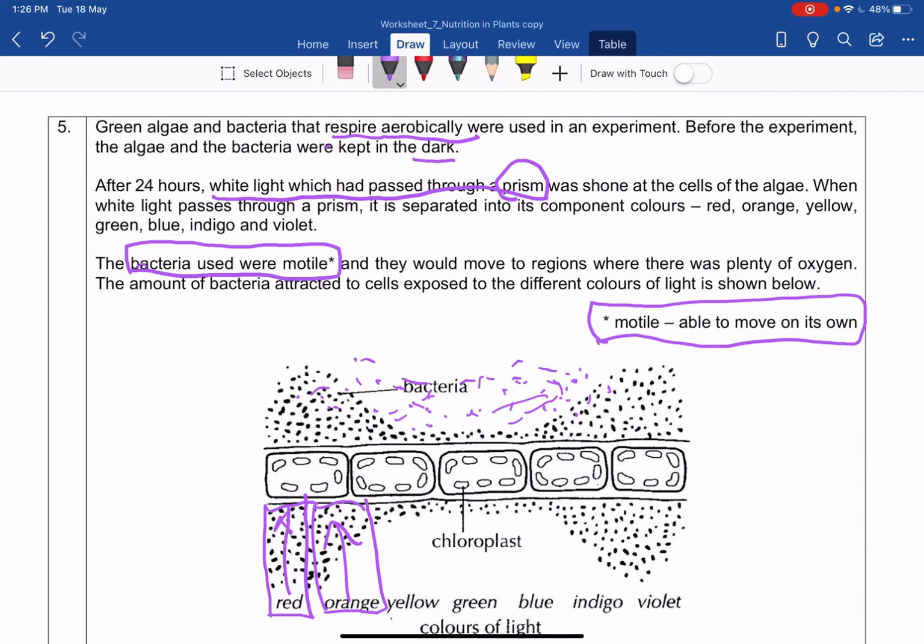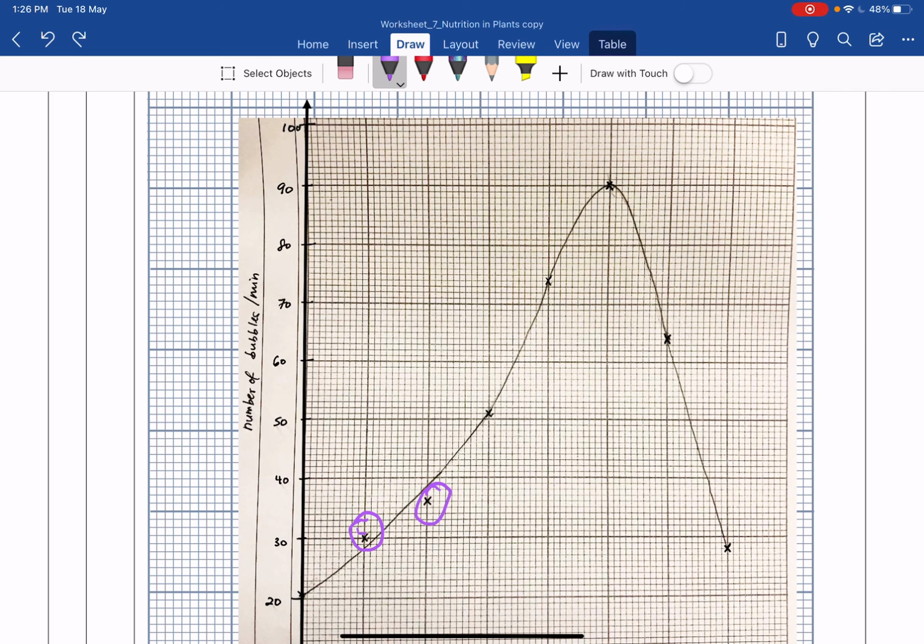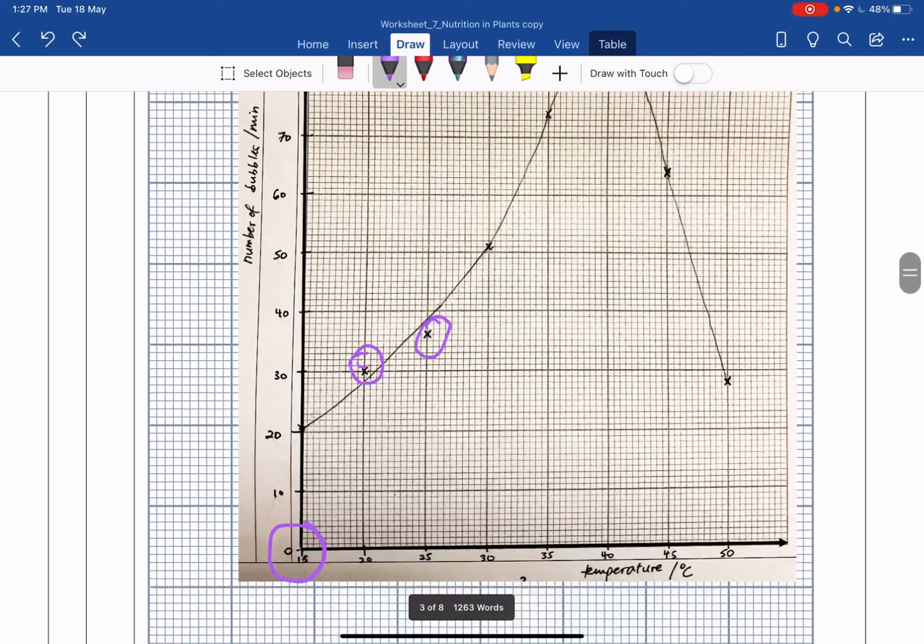Then once you shine the light, the bacteria start to move, and it shows the movement as you can see in the diagram already. They move towards the extreme regions that you see over there.